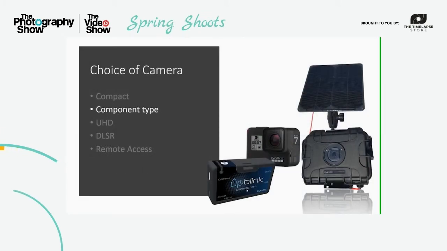The component type of camera is aimed mainly at the professional photographer. This is where you mix some of your existing camera assets with dedicated intervalometers or controllers. So in this example here, we show a typical GoPro action camera being used with a dedicated weatherproof case and solar panel and a remote control intervalometer.